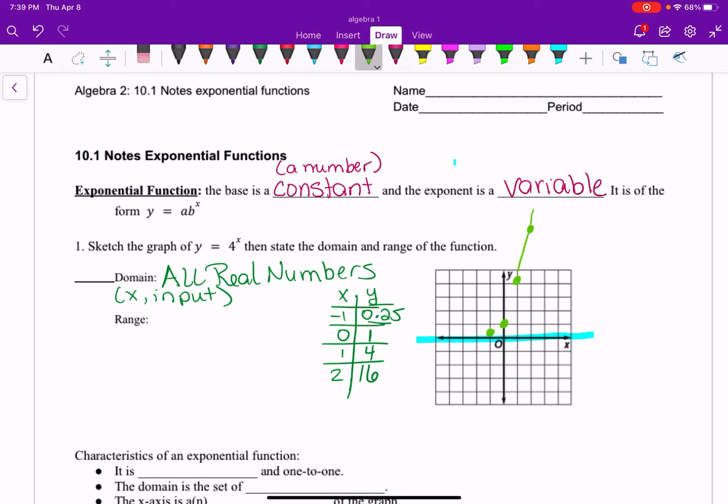It's going to start up high, and it's going to skim along the x-axis. So in this case, the range of the outputs is going to be all positive real numbers, because the y is all positive. If you look at that, you never get a negative y as your output. So the other way you could write that is y is greater than 0. So your range is all numbers greater than 0.